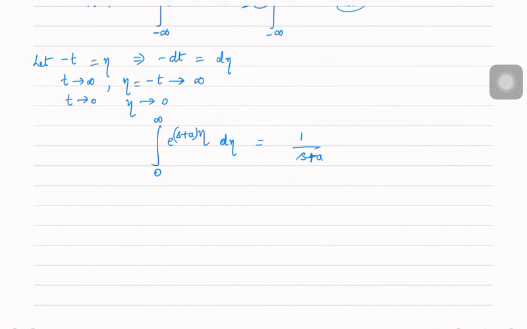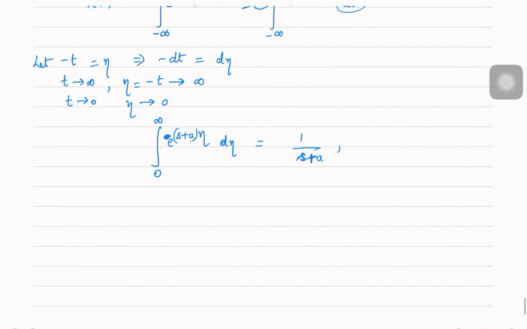In this case, s plus a has to be negative, because there is no negative sign here. So the real part of s has to be less than minus a: s plus a less than 0 implies s less than minus a.